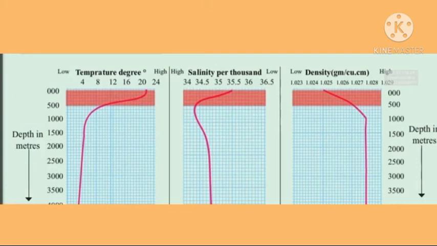If temperature is decreasing, then density of seawater may increase. More saline water has lower temperature at the surface, but still the density of such water is more than other water. On the contrary, seawater having higher temperature and low salinity can have lower density.